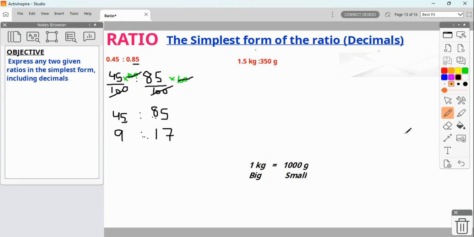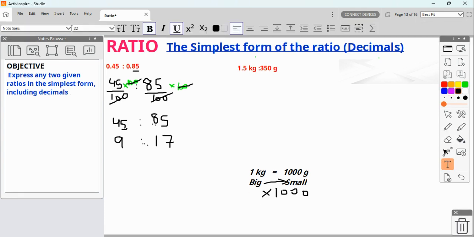So when we want to convert kilogram to gram, we will use multiplication. Big to small unit, we have to multiply. And here we will multiply by 1000 because 1 kilogram is equal to 1000 gram. So in the first step, this 1.5 kilogram can be converted into gram. 1.5 multiply 1000 gram, ratio 350 gram.